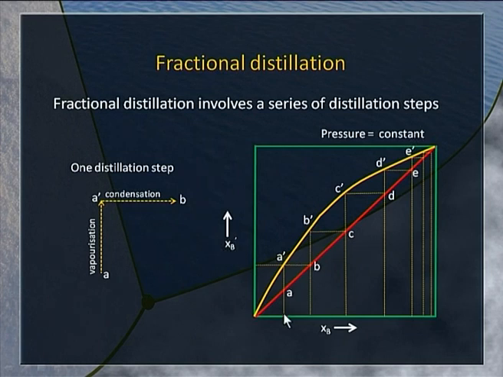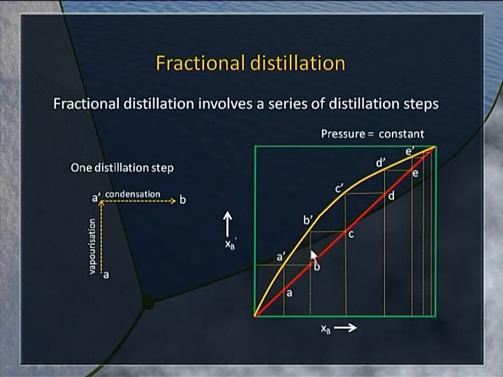You start with a liquid mixture that is having a particular composition which is given by point A. When you heat it, you get a vapor having a composition A prime. You can see that vapor has become richer in B, and if you condense this vapor, the diagonal gives us the composition of the liquid that is expected, and the liquid has now become richer in B and you can heat it.